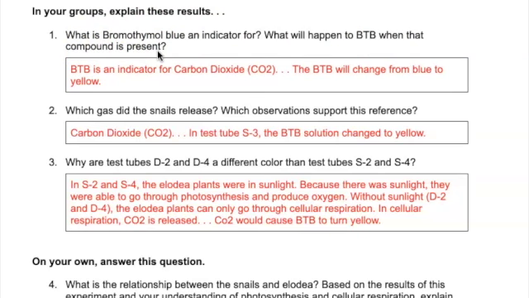So as I've discussed, bromothymol blue is going to show us when CO2, or carbon dioxide, is present. And what will happen to BTB when that compound is there, when carbon dioxide is there? Well, if you watch that short video, you'll see that color change.